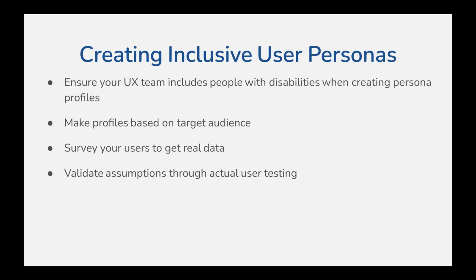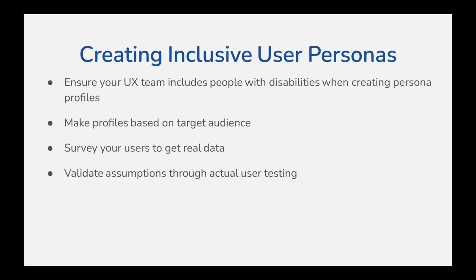One thing about creating user personas is that it is through doing actual research and synthesizing that. You're building these profiles based on your target audience, you're surveying your actual users and getting real data. And then finally, you're validating your assumptions through user testing.